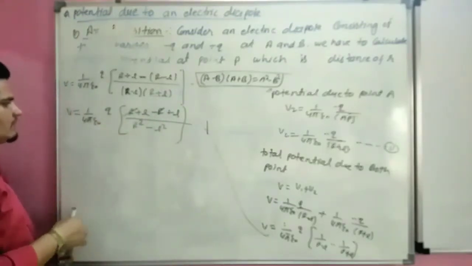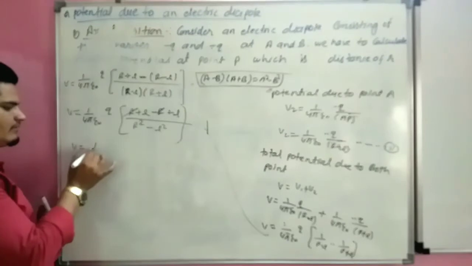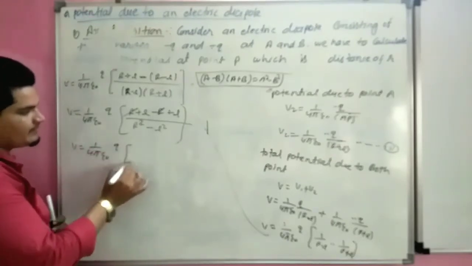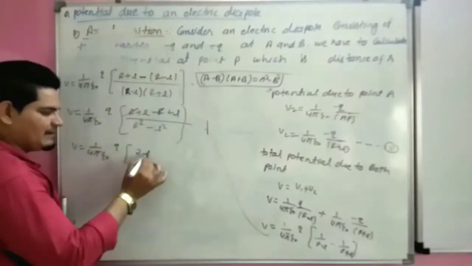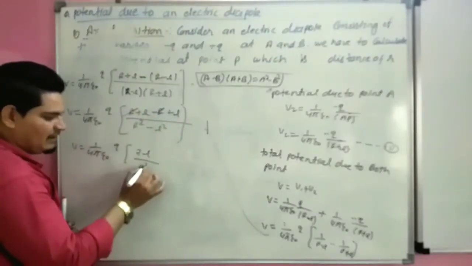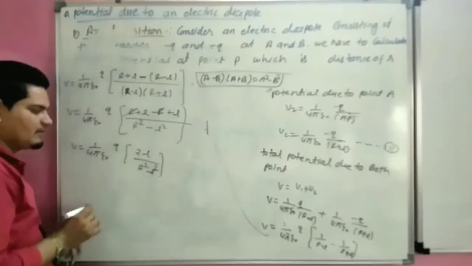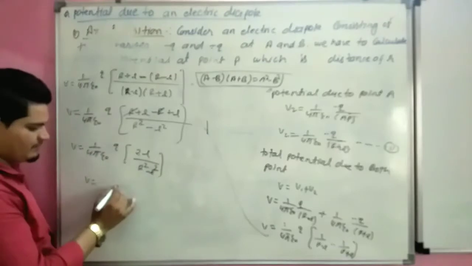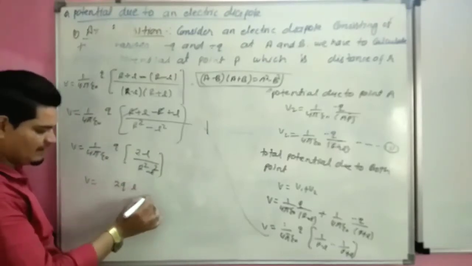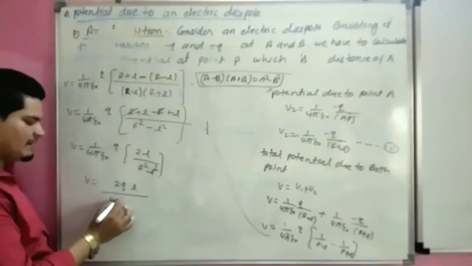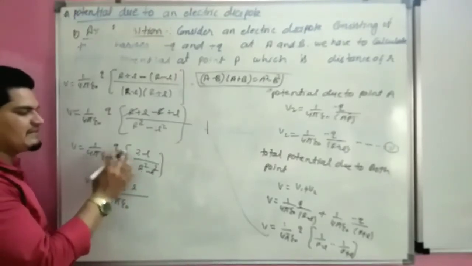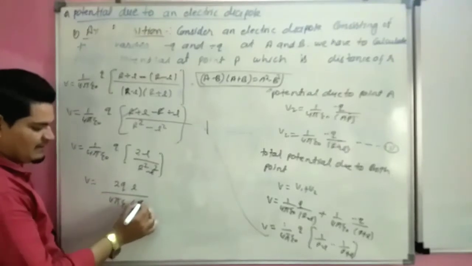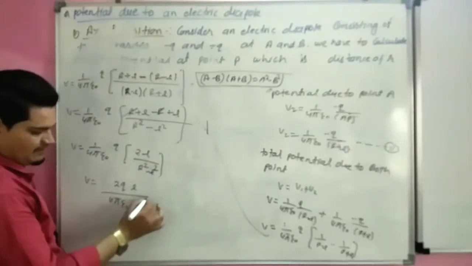Now V is equal to 1 upon 4 pi epsilon naught into Q, l plus l, 2l, divided by R square minus l square. So V is equal to 2ql divided by 4 pi epsilon naught, because Q multiplied by 2l is 2ql, divided by R square minus l square.